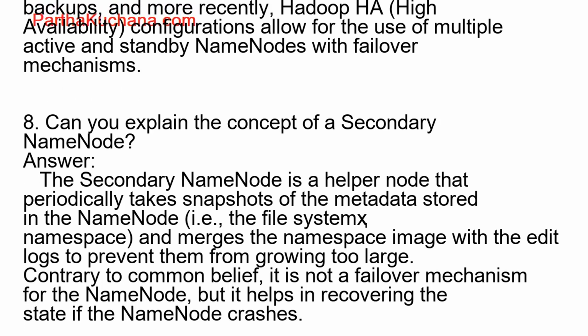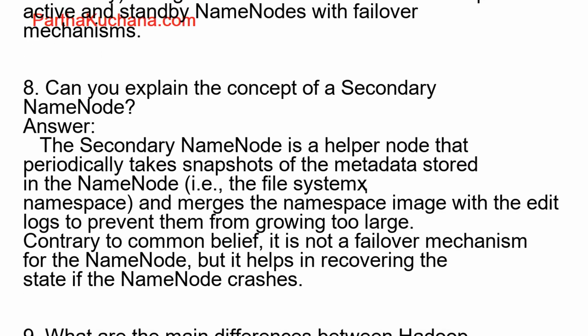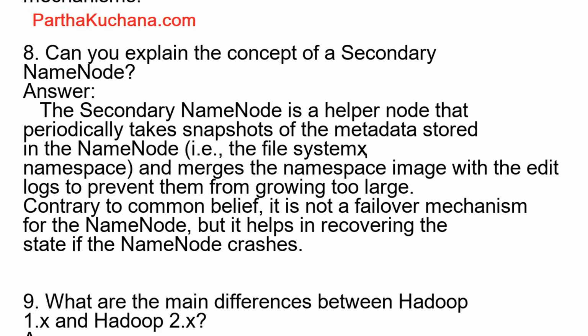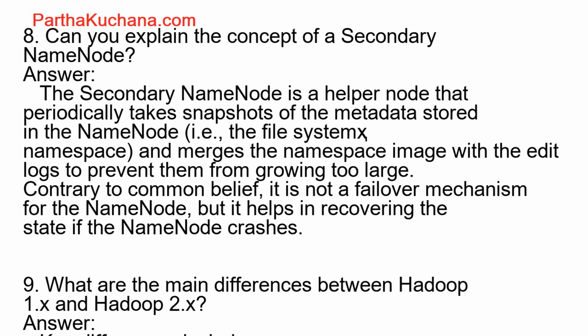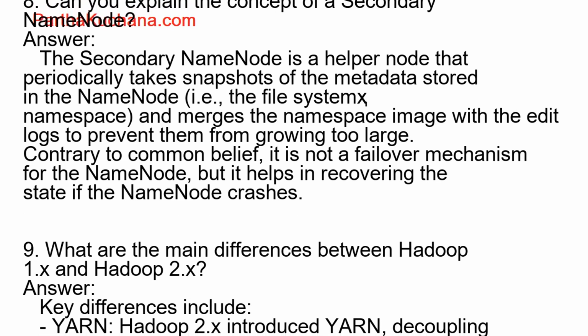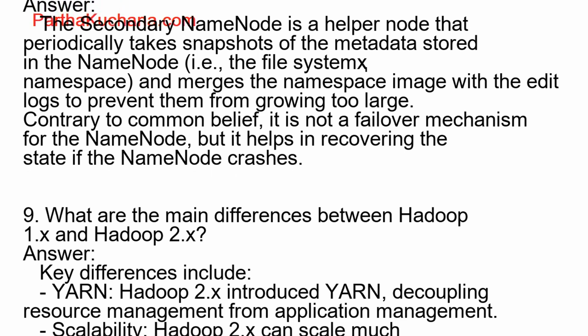HDFS Federation. Hadoop 2.x allows for horizontal scaling by introducing multiple namespaces in HDFS. High availability. Hadoop 2.x supports high availability, HA, for name nodes, reducing single points of failure.